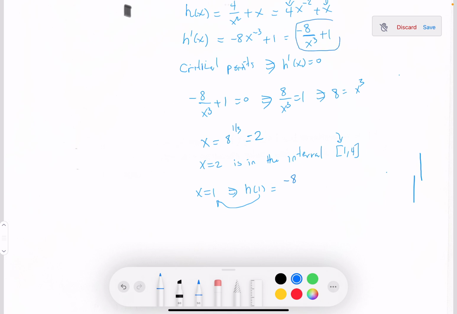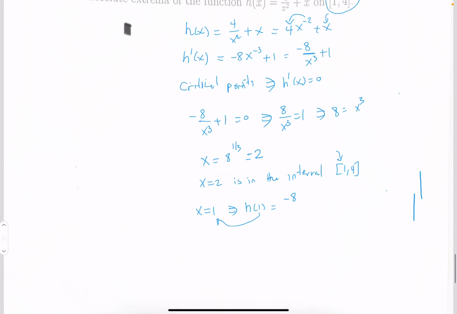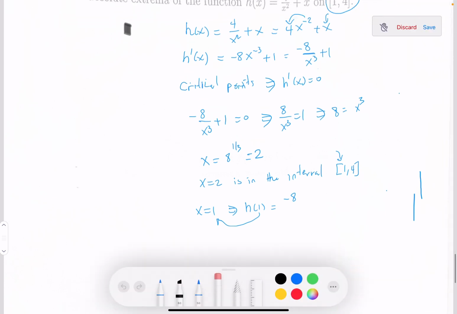This is not h(x), sorry, we have to go for h(x), not h'(x).